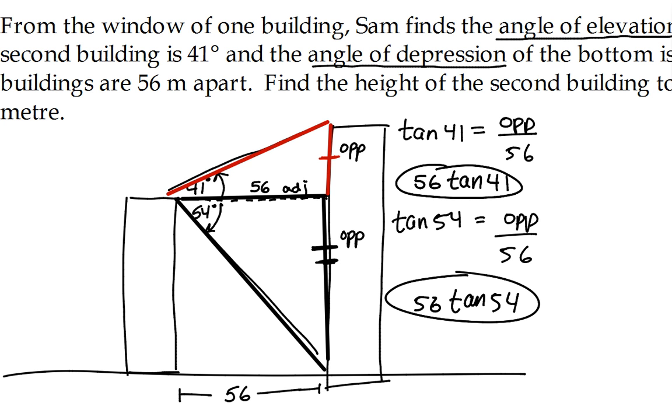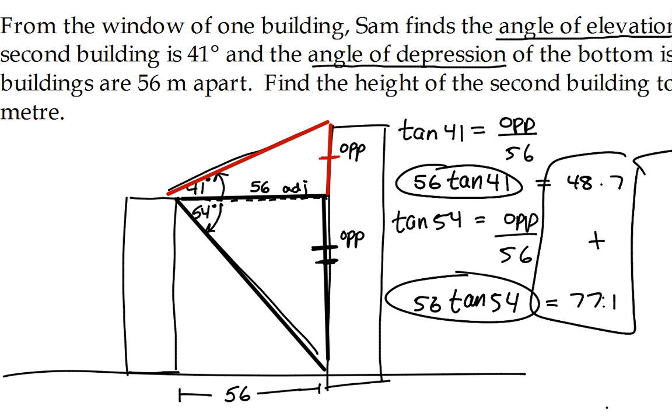Because the unknown is in the top, you just have to slide those denominators over. So 56 tan 41 and 56 tan 54. I got about a 48.7 and 77.1, and I'm going to take those two values and add them up for a final answer for about 125.8 roughly.